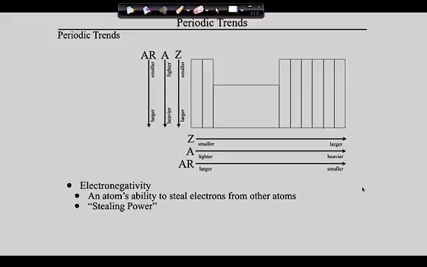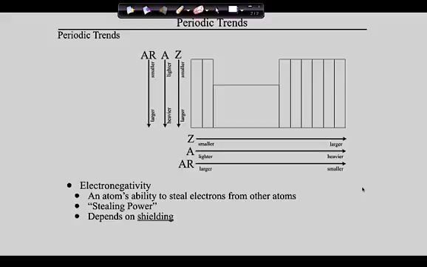So electronegativity we are going to think of as being stealing power. We are going to talk about how this works, and then I'm going to show you. This is going to be one of your favorite Knappenberger animations of the year. You're sure to love it. Stealing power depends on something called shielding.